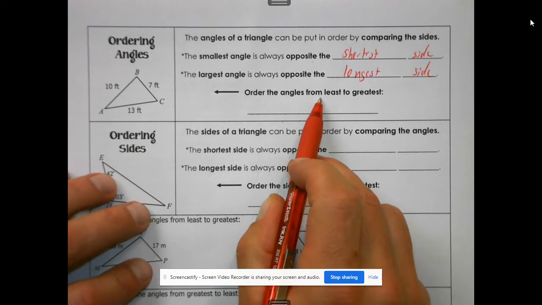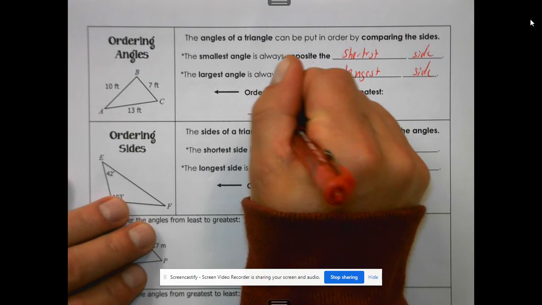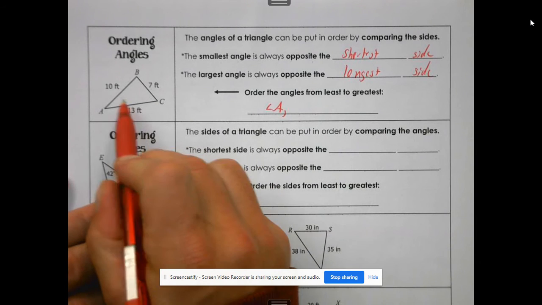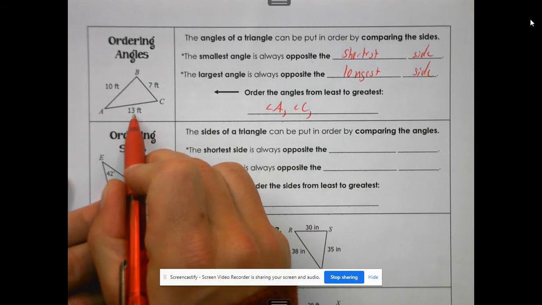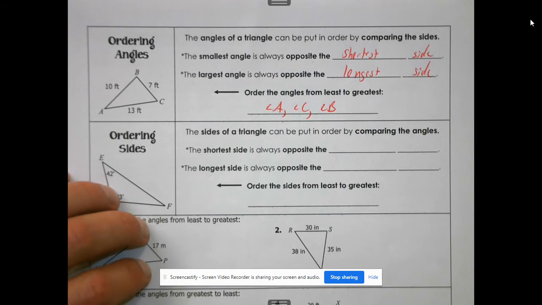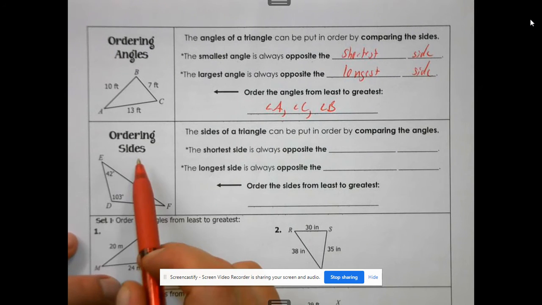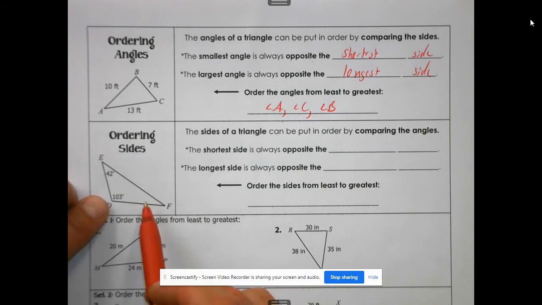Order the angles from least to greatest. All right, so smallest side would be smallest angle, so angle A. 10 is the next in order, so then angle C. Biggest side is 13, which means biggest angle would be B. ACB.